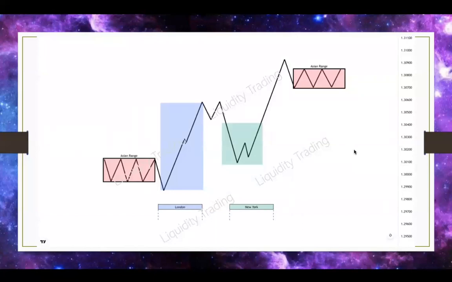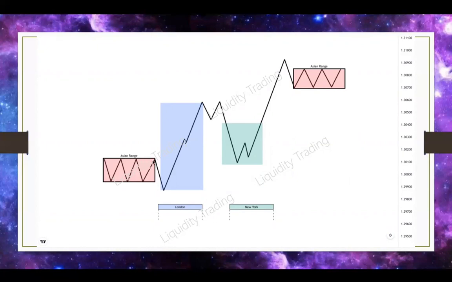Now I know I did post a few examples of this in my Telegram. However, this is now the actual explanation of how the daily cycle works. Now notice what happens in the market. The market creates first an Asia range. Typically, we would like to see a tight Asia range in the market.